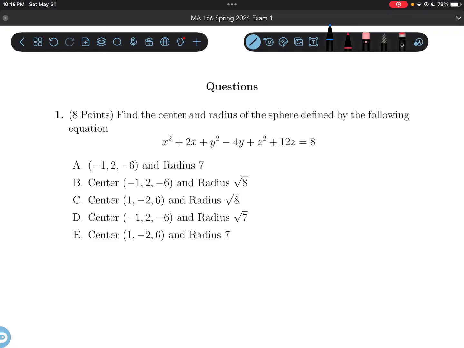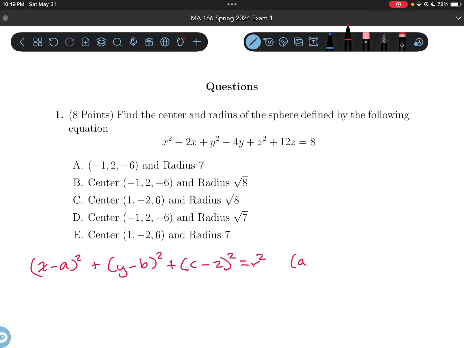So first, we want to think about what the general formula of a sphere is. That formula looks like this: (x minus a) squared plus (y minus b) squared plus (z minus c) squared equals r squared.